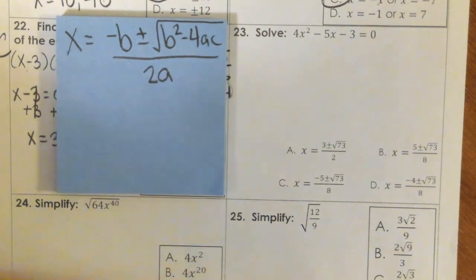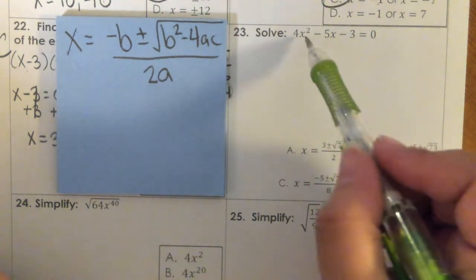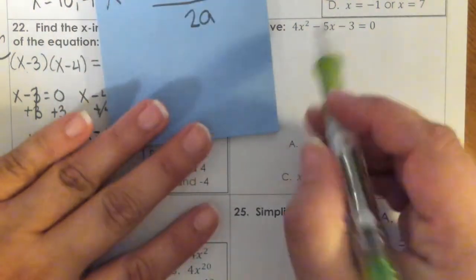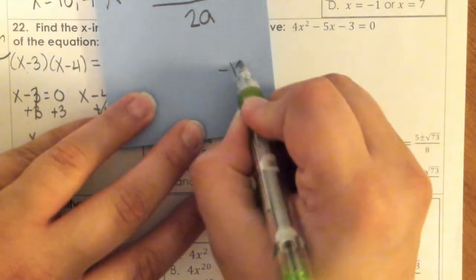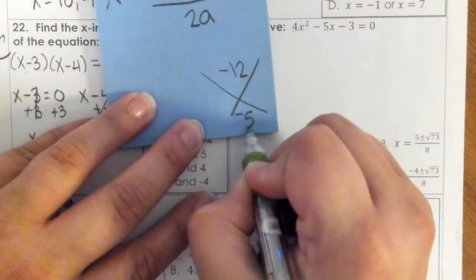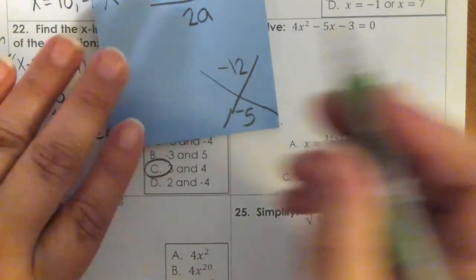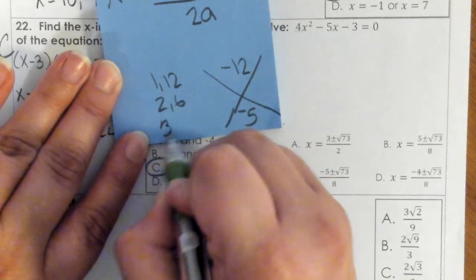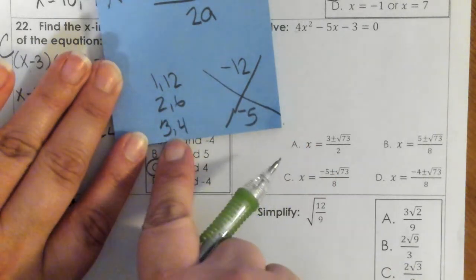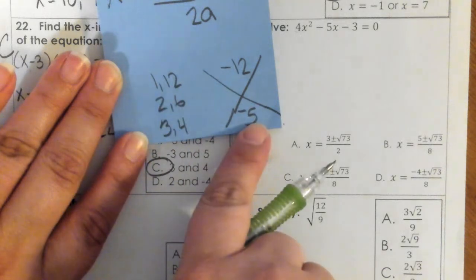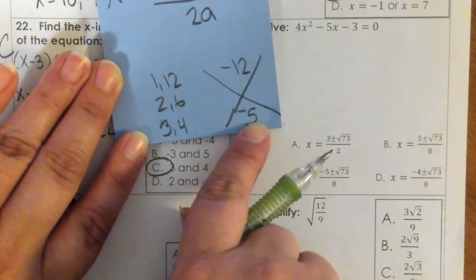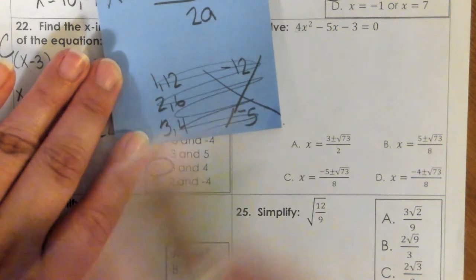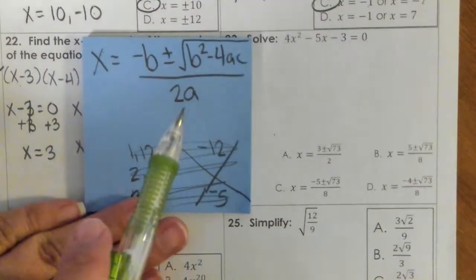One, if I tried to solve this by doing first times last, setting up x factor, I'm going to do that for you. 4 times negative 3 is negative 12, and I got to get to negative 5. Hopefully you would see, when you look at the factors, none of these can make 5 or negative 5 at all. So if I can't solve this, I can't factor. I have to use this formula.